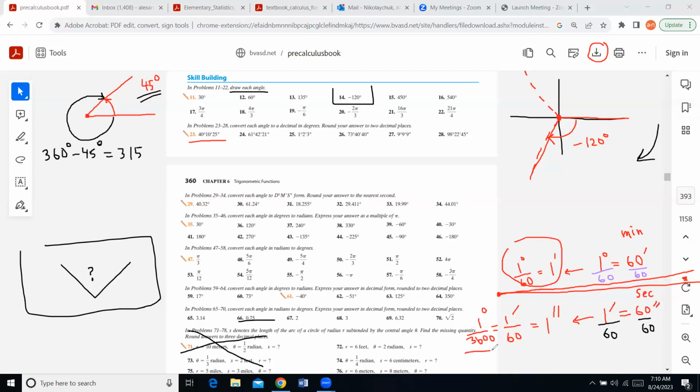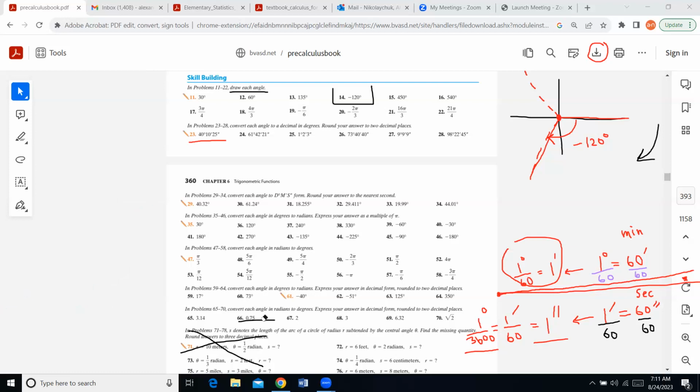So these two formulas I'm going to utilize for exercise 23. And turns out that when you have a formula, you could just plug the numbers in, and that's really making life easier. So let me try problem 23 with 40 degrees plus 10 of those minutes and plus 25 seconds.